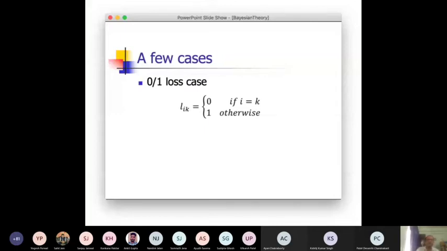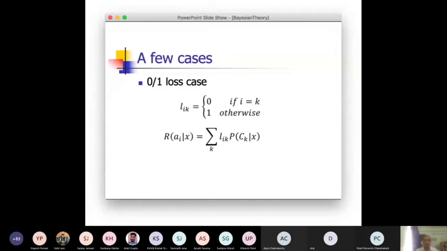So in this case, if I use the same expression, say this was the expected risk. If you simplify it, what should be the value? Can you compute it and simplify this expression in terms of only posteriors? Now I want the mathematical expression. Say you have been given all these parameters, right?